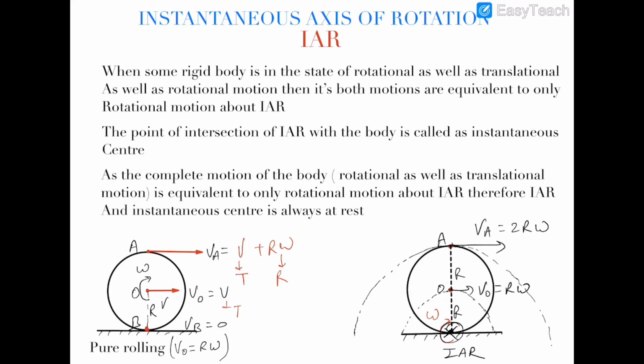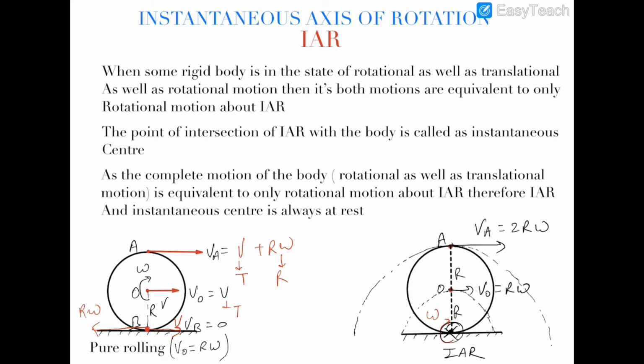Now the velocity of point B would be 0, because due to translational motion, point B is moving in the forward direction, and due to rotational motion, point B is moving in the reverse direction by r omega, and v is equal to r omega. Therefore the net velocity of point B would be 0.